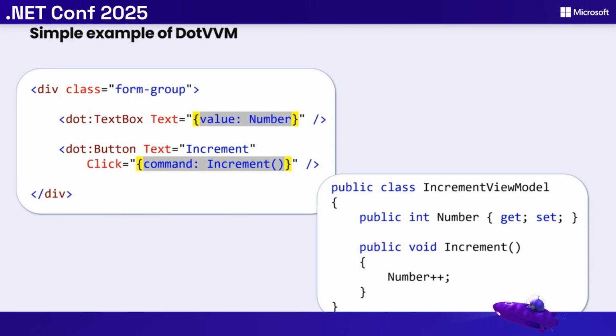And on the server side, you declare a view model. So here we have a simple C# class with an integer property called Number and a method which can increment this number. So whenever you do something on the client which requires server-side cooperation, you can do also local changes in the view model, but these are not that interesting from the perspective of this session.